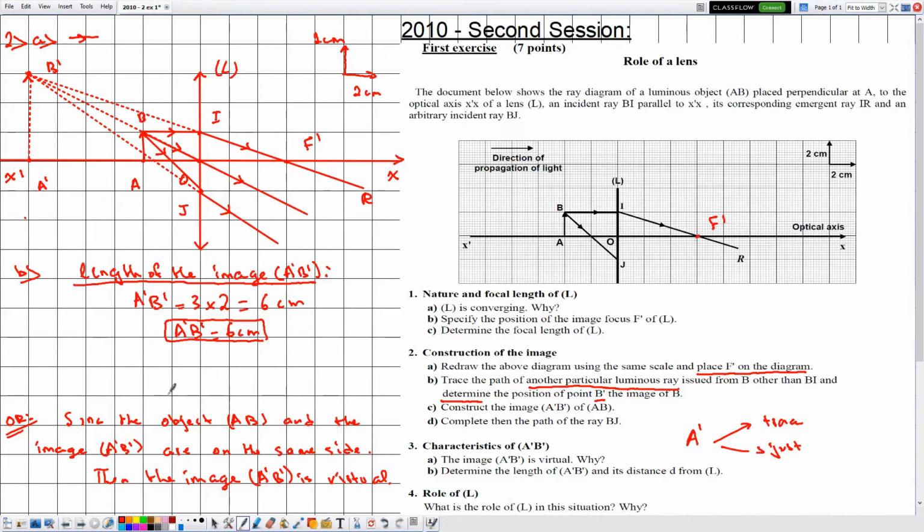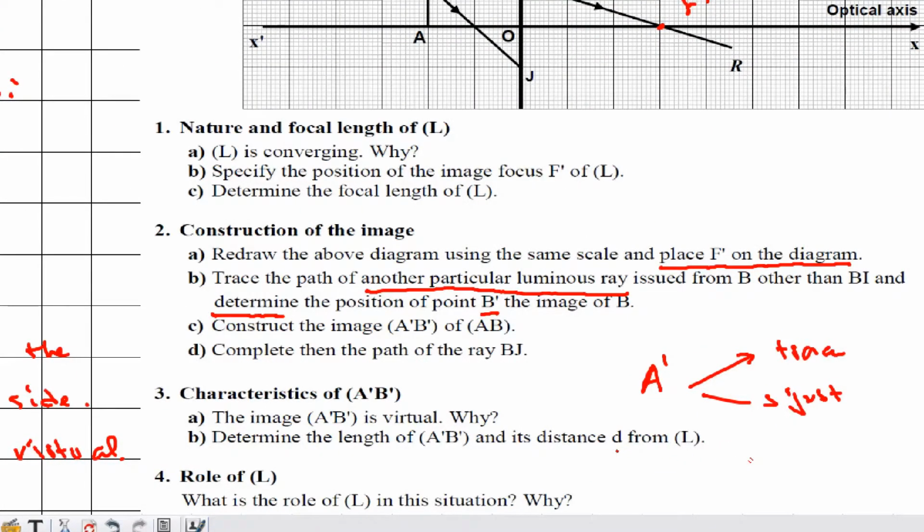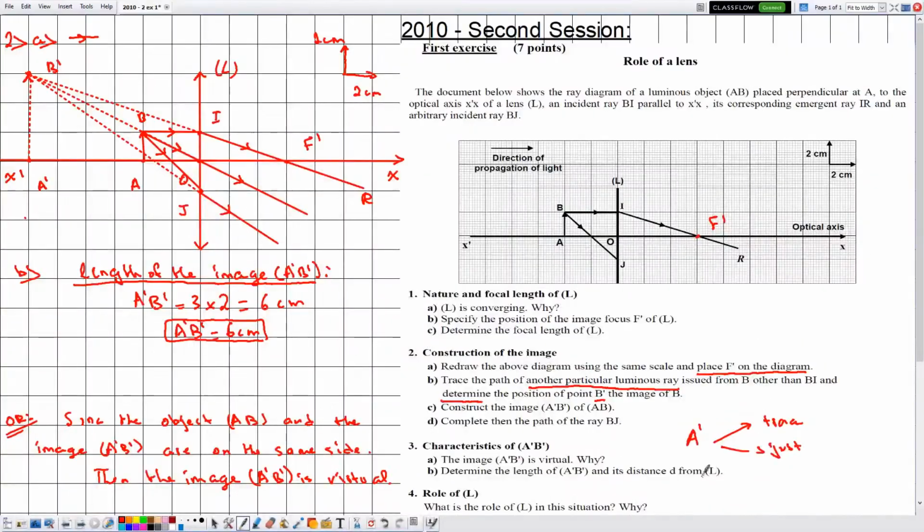And now it's left to calculate the distance D from L. Here the distance D represents the distance between the lens and the image, the distance between L and A prime B prime.